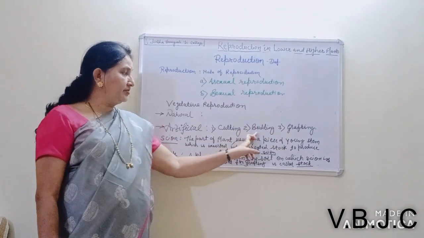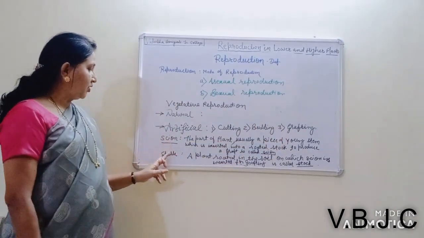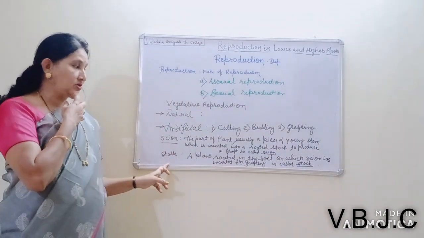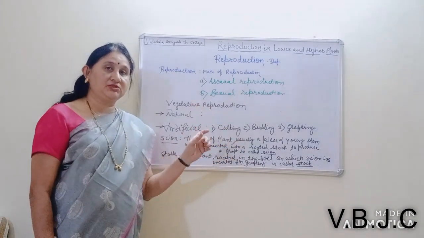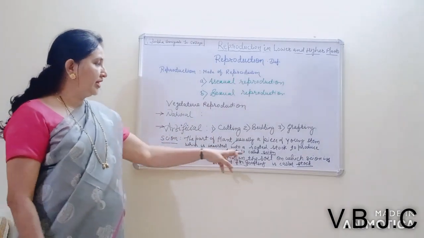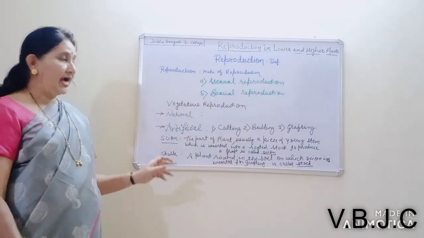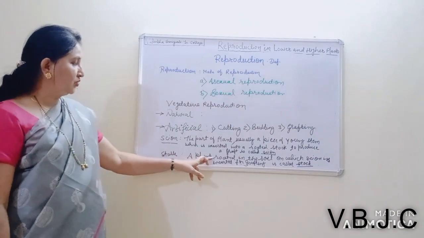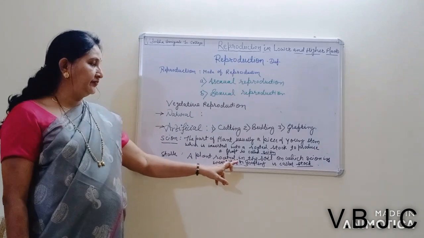For cutting, budding and grafting, you have to know the terms scion and stalk. What is the scion and what is the stalk? Scion means the part of the plant, usually a piece of young stem, which is inserted into the rooted stalk to produce a graft. The second term is the stalk: a plant rooted in the soil, on which the scion is inserted for grafting.